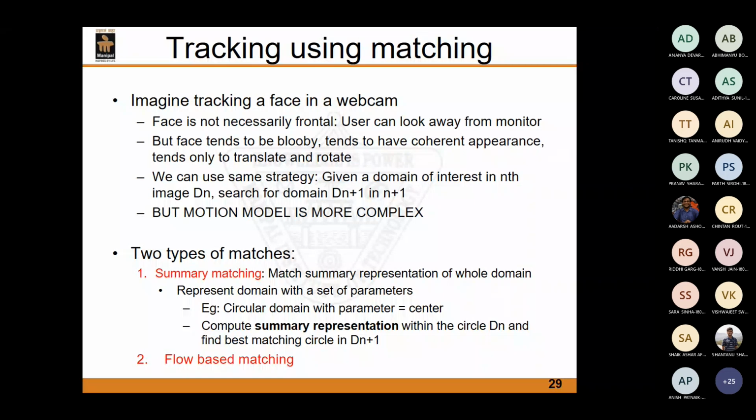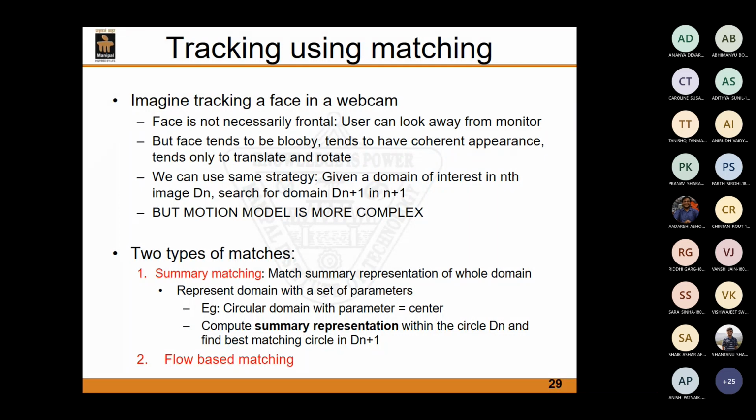So previously what we saw was tracking using matching. Now there are two advanced methods by which you can do tracking using matching. The previous one was a very simple approach and it has its own limitations too. Here, it is a little bit more advanced techniques.